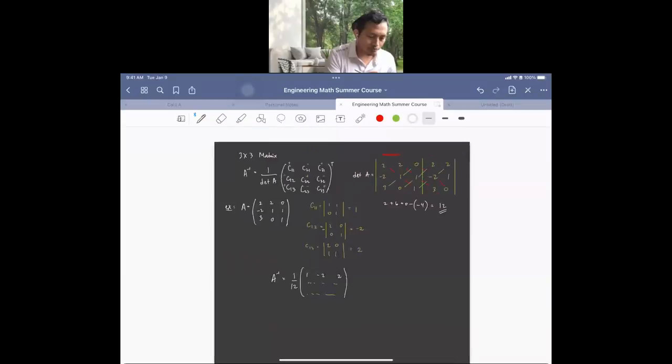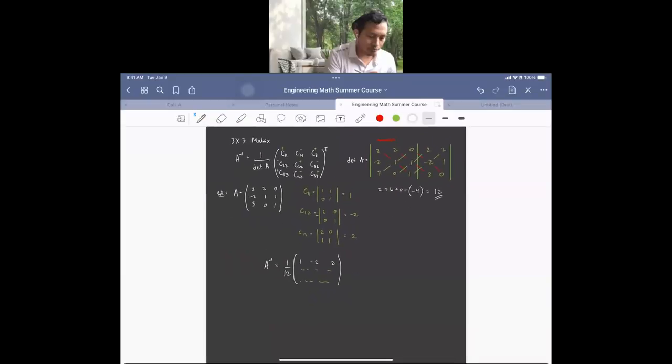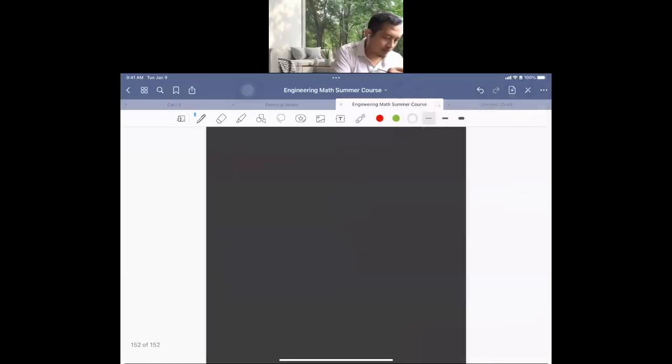Okay, last part for the matrix, and then we can have our review for the midterm. Last part is finding the inverse through row operations. Okay, so let me write row operations to find inverse.